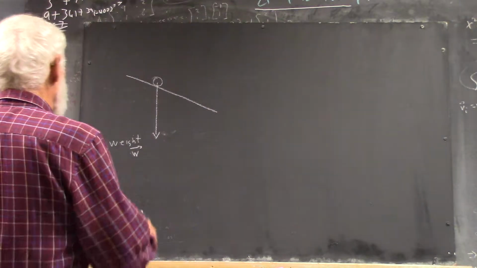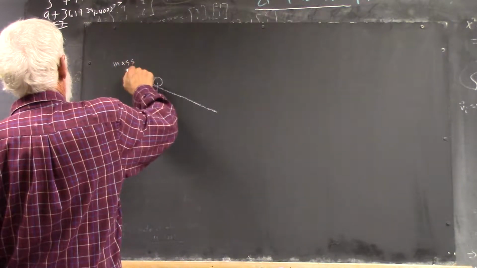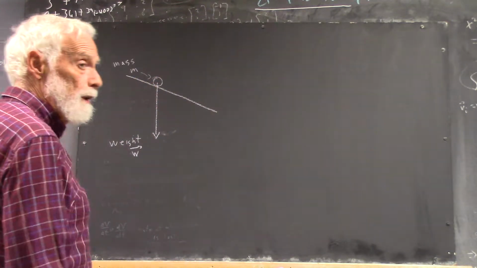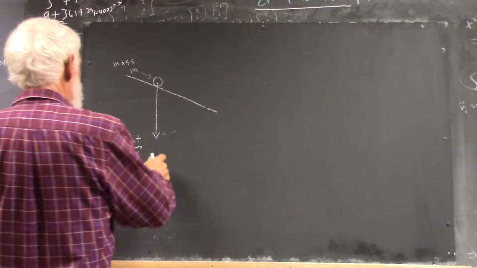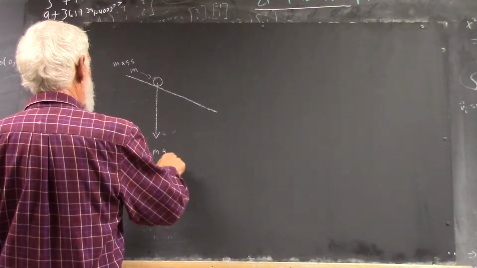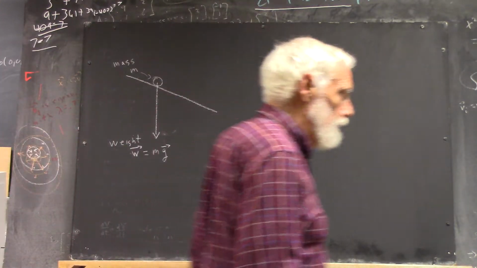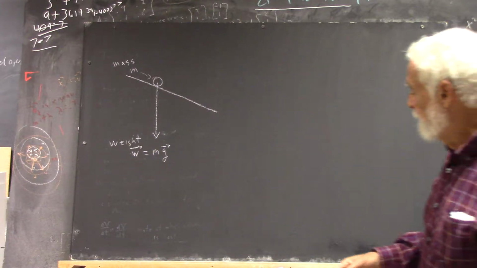Now, this thing has a mass, which we'll call M. And the weight is just M times G, where G is the acceleration of gravity, the rate at which gravity causes velocity to change.